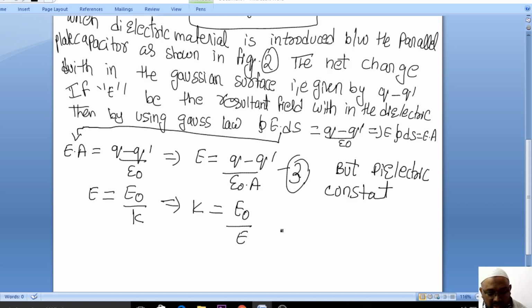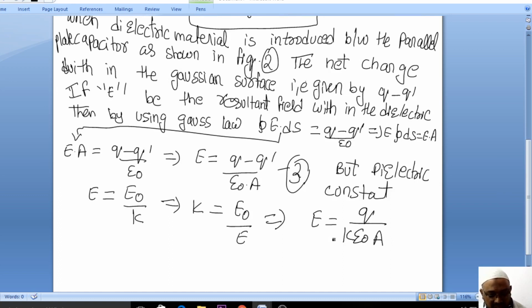So E will be equal to Q by epsilon naught A into K.